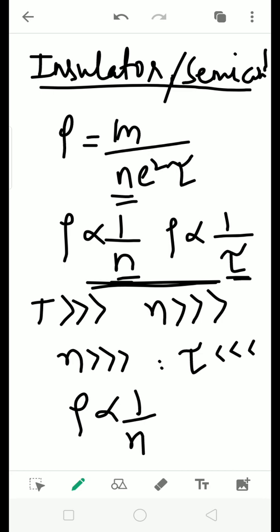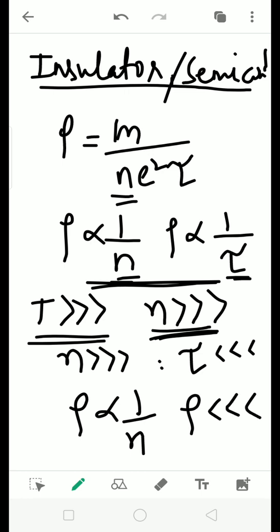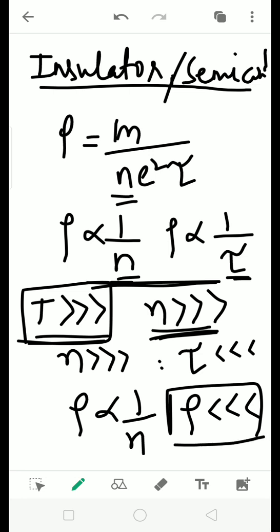So with the increase in n, the resistivity will decrease. In this case, if temperature increases, resistivity decreases.